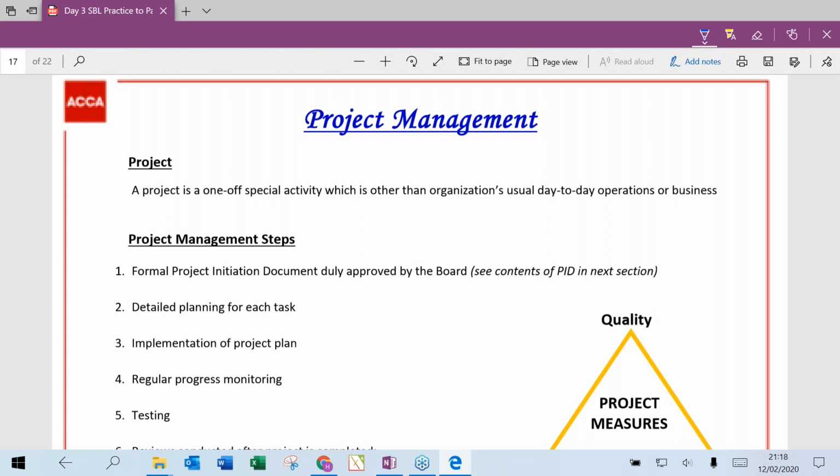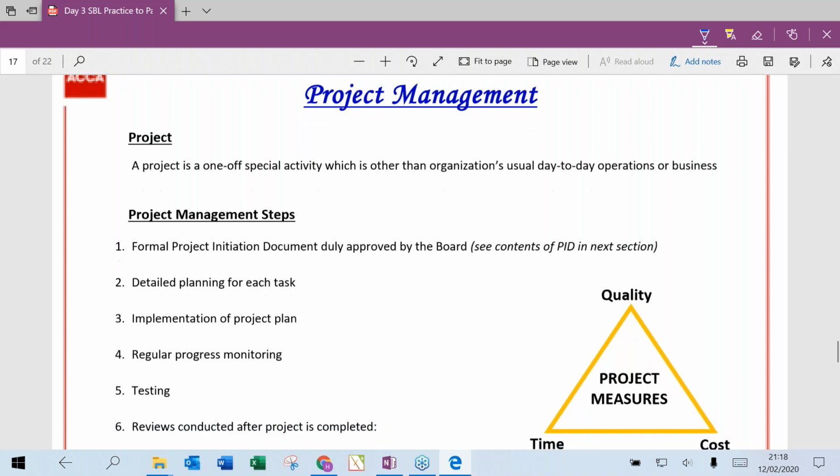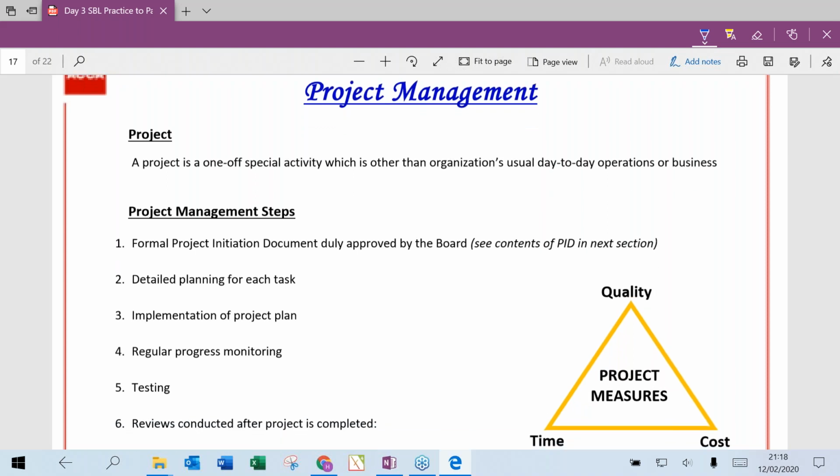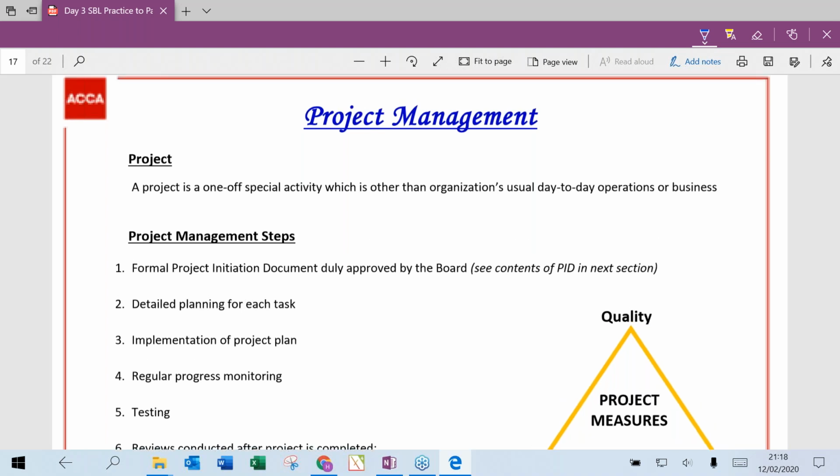Okay, I repeat: a project is a special one-off activity which is different from our usual day-to-day operations. A project involves big money.